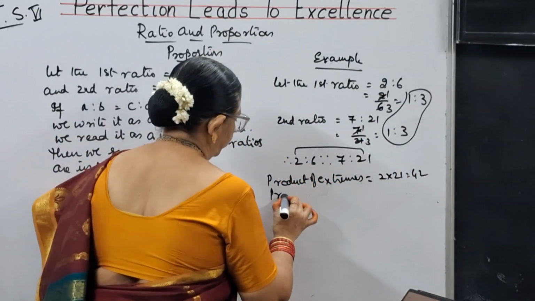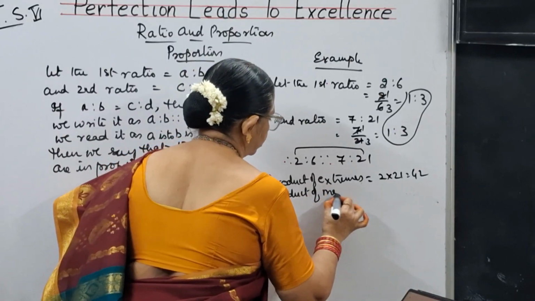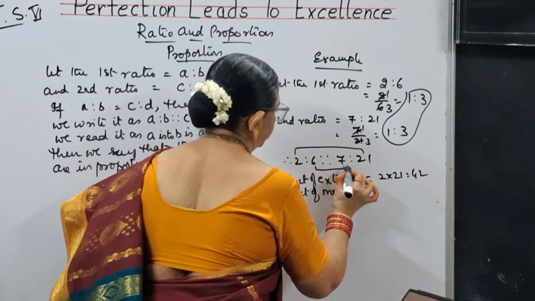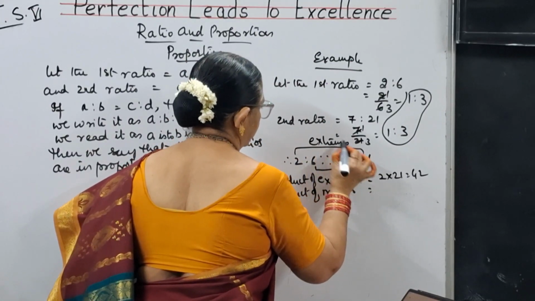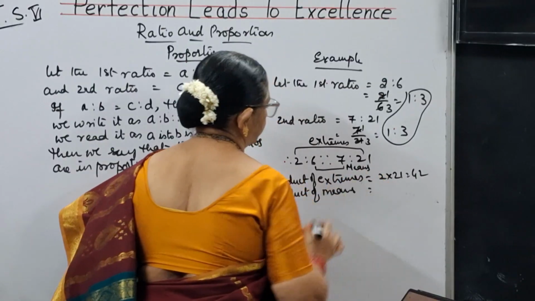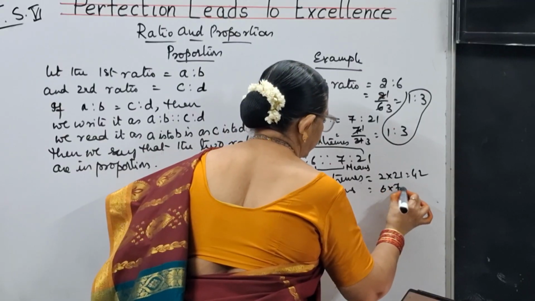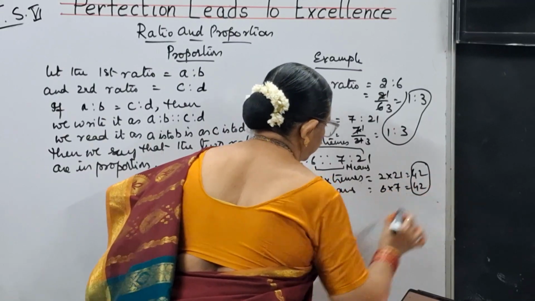So then product of means. What are means, children? These two are called means. These are extremes and these are means. Means means the middle ones. 6 into 7 is equal to 42. See, these two are also same.